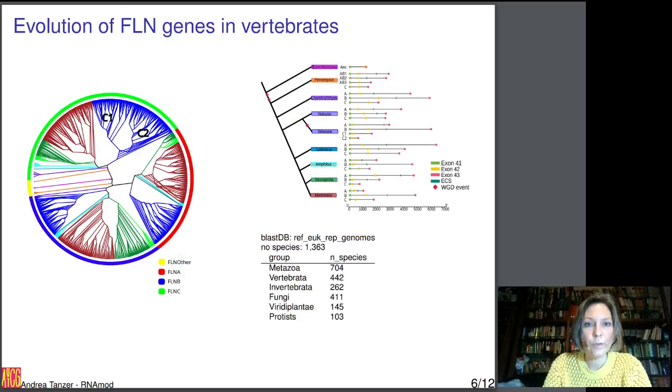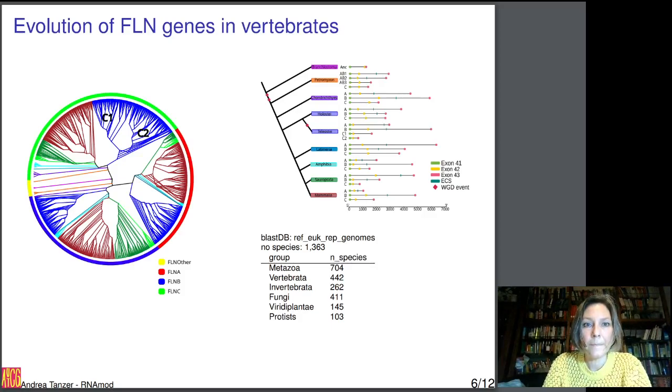In order to do that, we set out to identify filamin genes throughout all the animal vertebrate genomes available, and we selected the NCBI reference genomes, at the time 1,363 species.